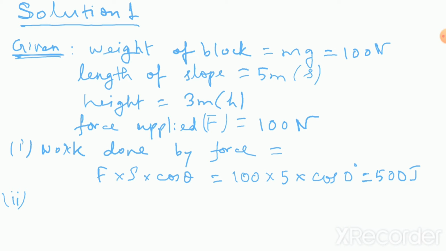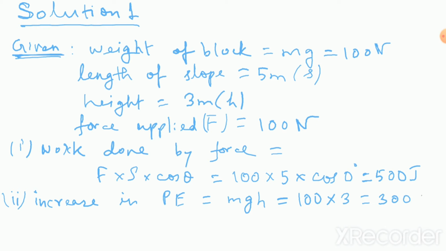As the weight of the block has been given, that is equal to the value of m into g, you can directly put m into g as 100, and the height h that has been raised is 3. So this turns out to be 300 joule. So 300 joule is the answer.